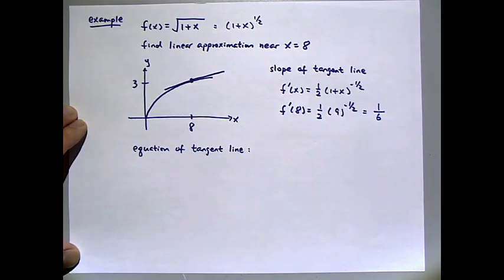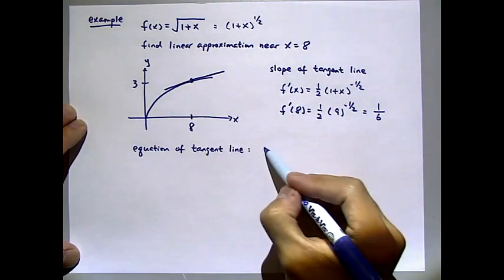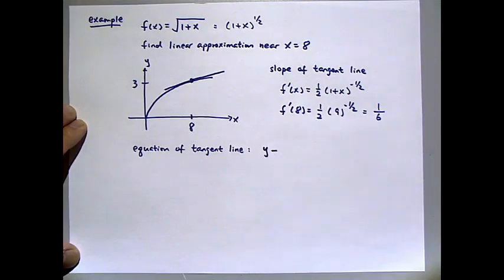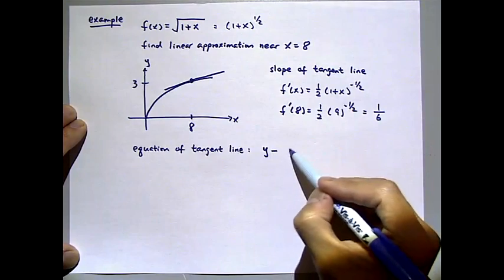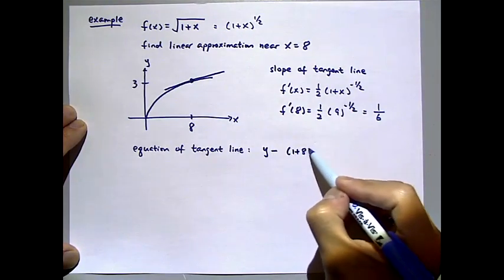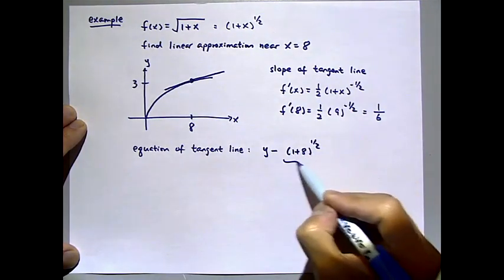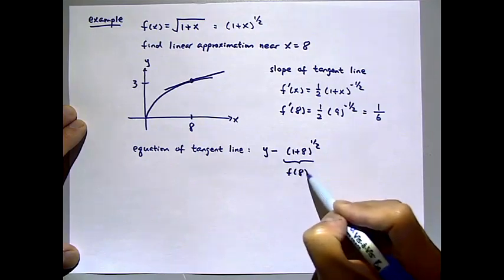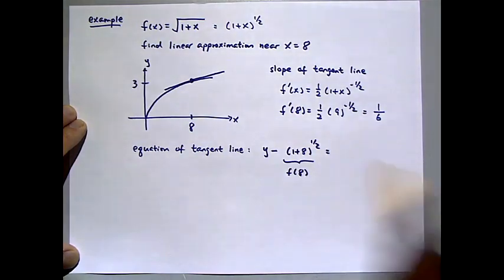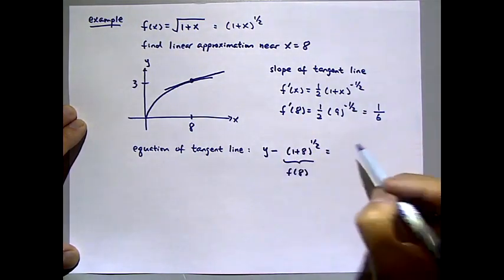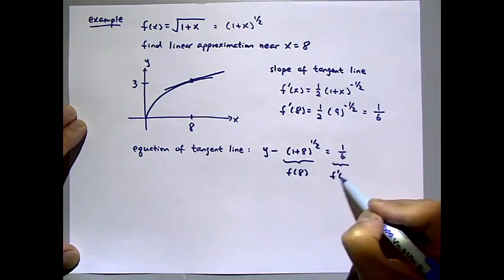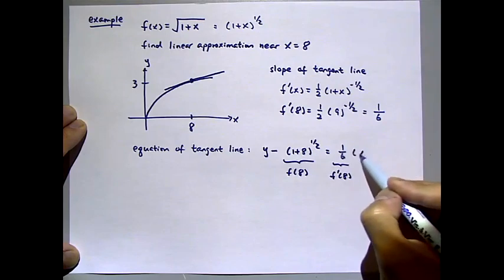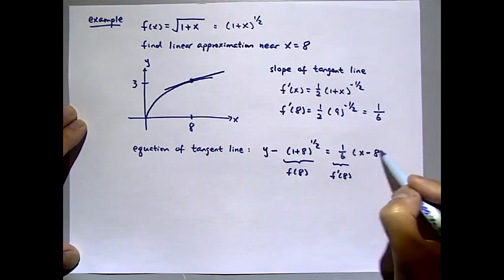Okay, now we write the equation of the tangent line at 8. y minus f of 8, okay, so that's our f of 8, is equal to f prime of 8, 1 over 6, times x minus 8.